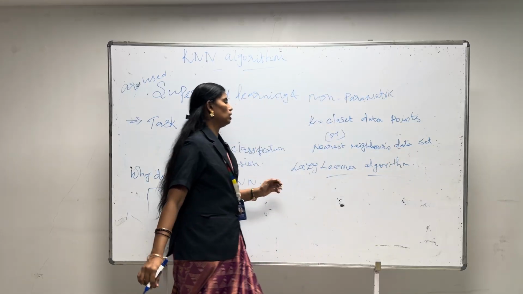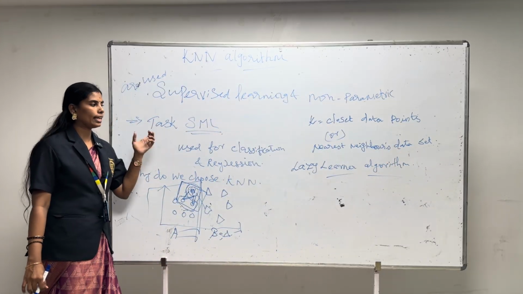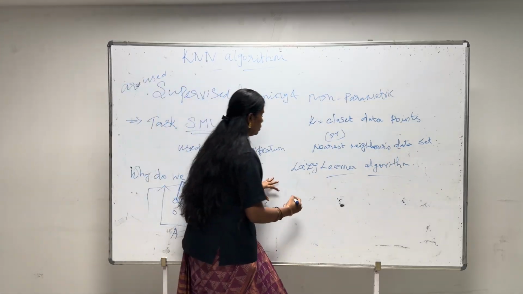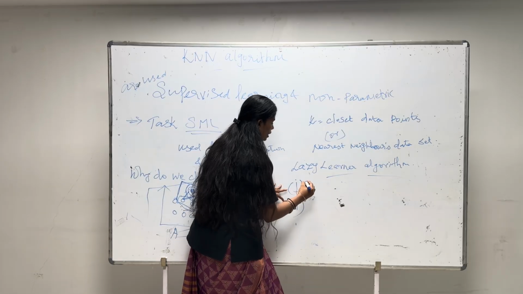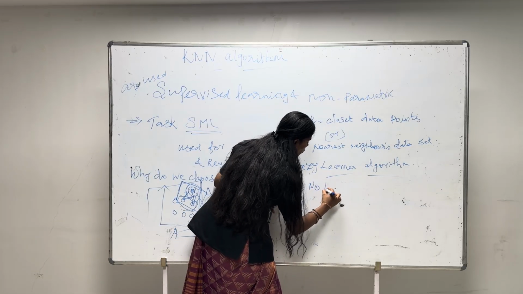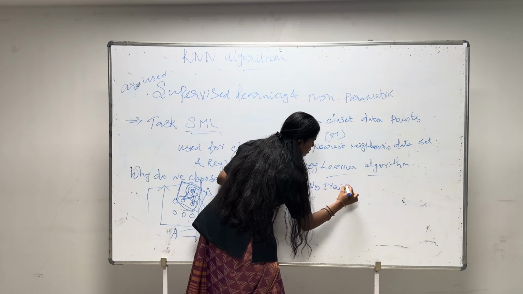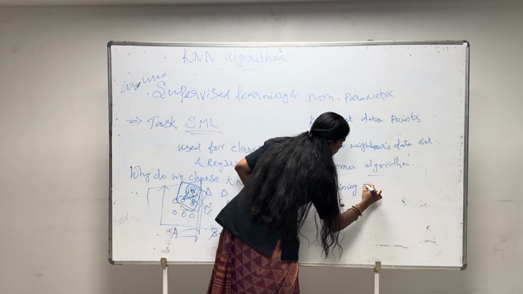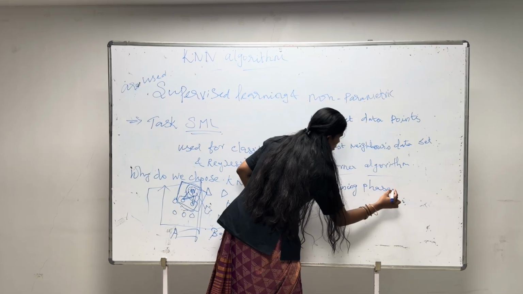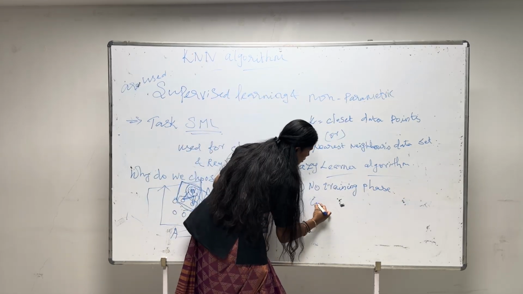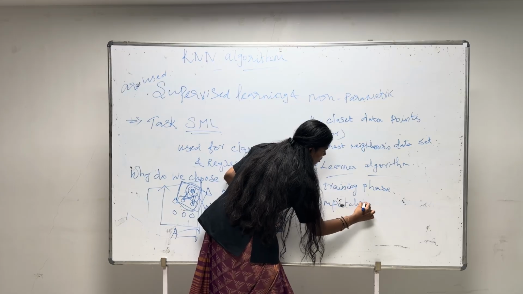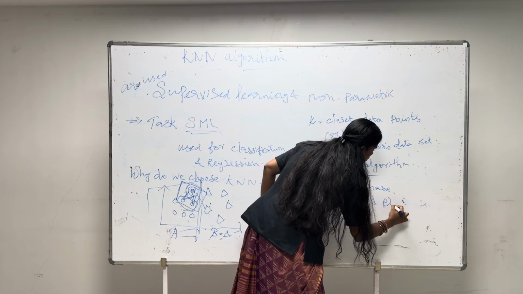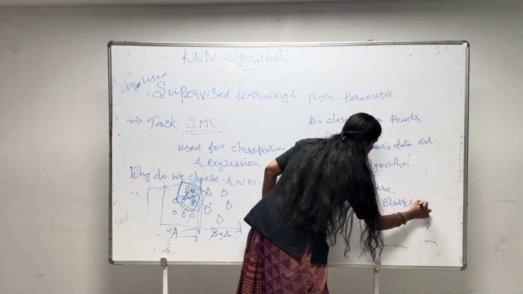Next, the KNN algorithm is otherwise called the lazy learner algorithm. We call KNN a lazy learner algorithm because of two things. The first one is no training phase. The second one is computations and predictions.